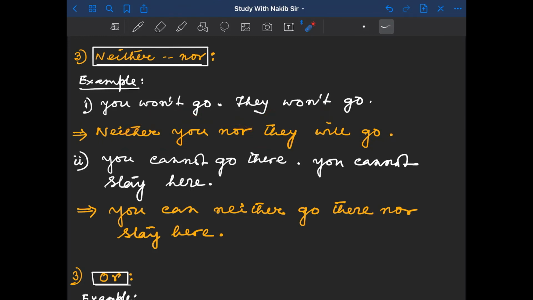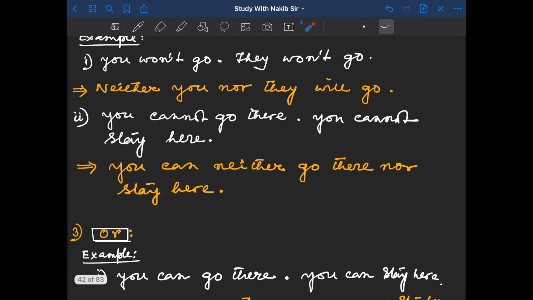Now the second example. You cannot go there. You cannot stay here. You cannot, the same part. So the choice will be between go there or stay here. So use neither nor between go there and stay here.